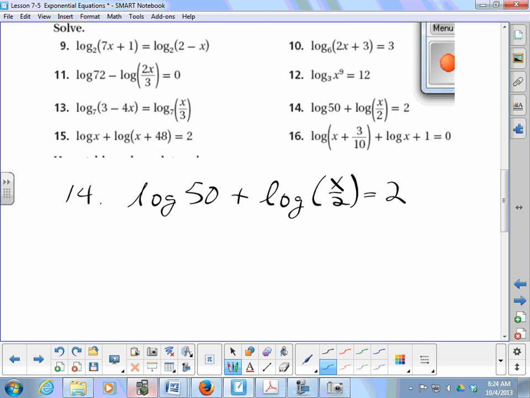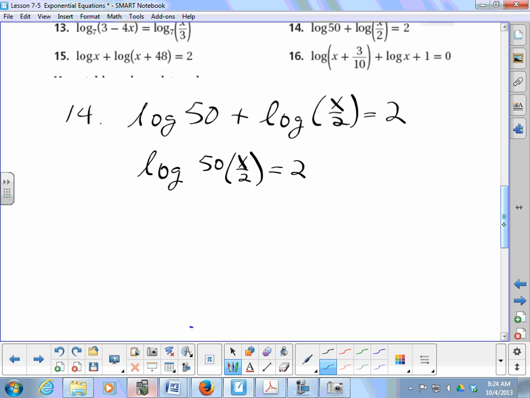First of all, what's this plus sign mean then? Okay, tells us to multiply. So we have the log of 50 times x over 2 equals 2. So the log of 25x equals 2, correct? All right.